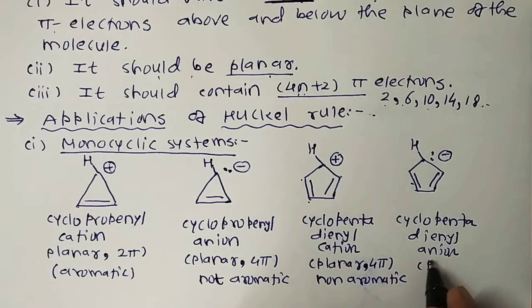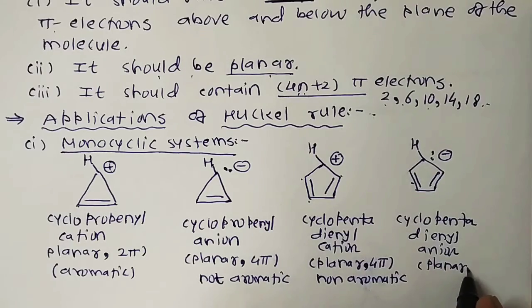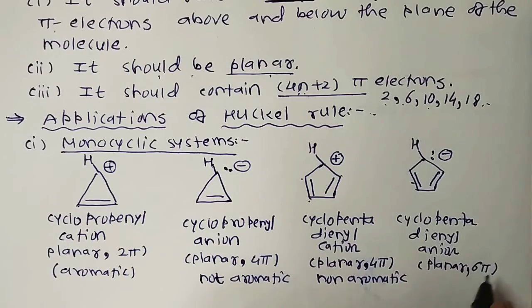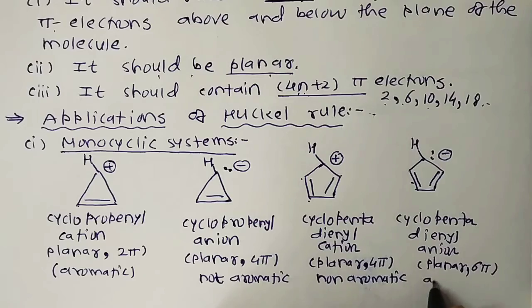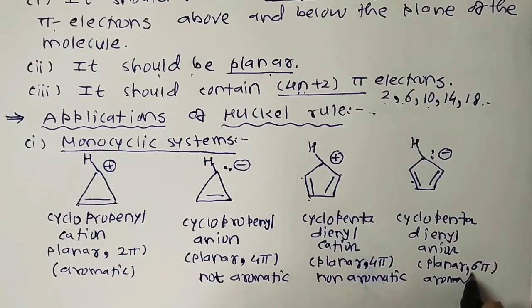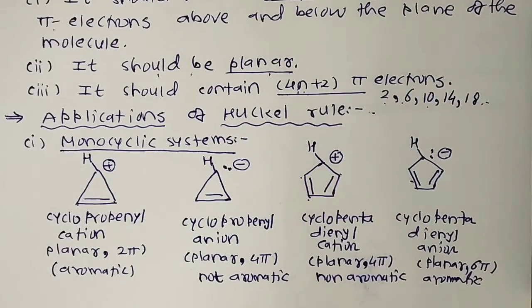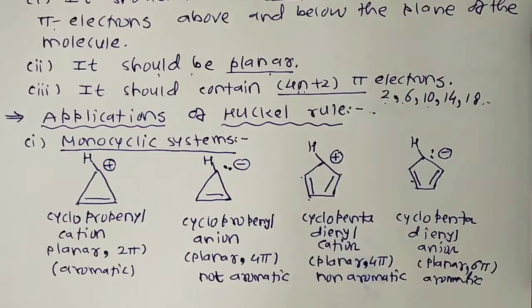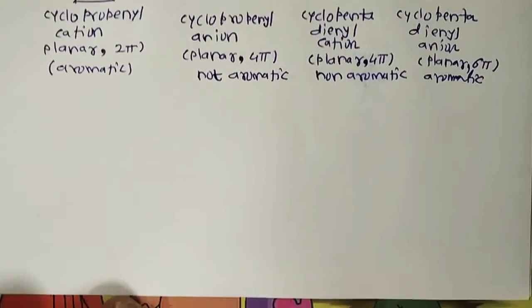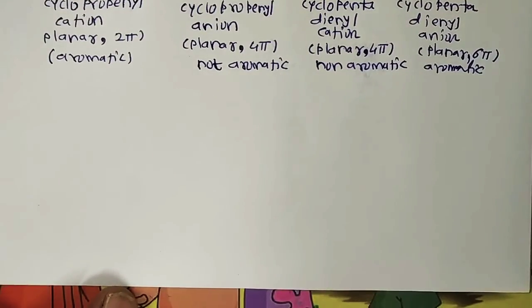Planar? Yes, definitely it's planar in nature, and 6 pi electrons, cyclic, planar, and 6 pi. So they fulfill all the above conditions. So it's aromatic in nature. There are lots of examples that we have to study about the validity of this rule.